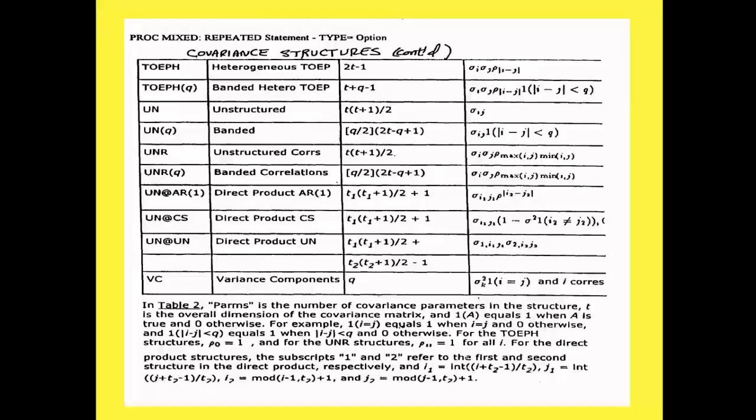Maybe there's an exchangeable part and an autoregressive part that you want to consider. That's the idea behind this direct product, which allows you to consider two possible sources of your correlation structure.